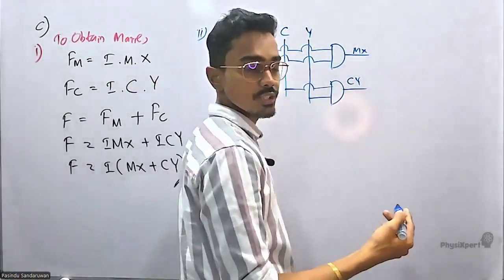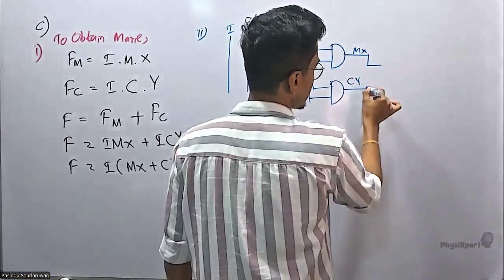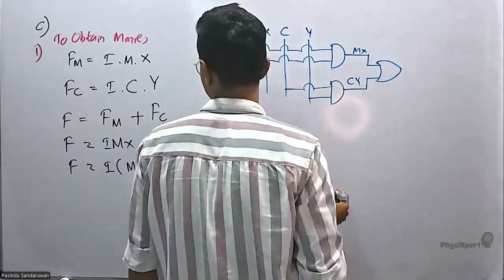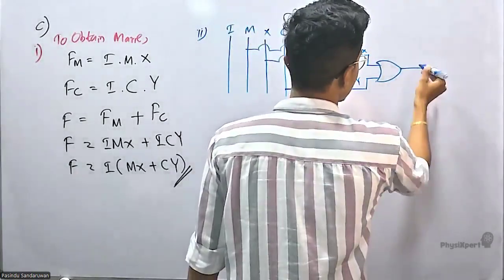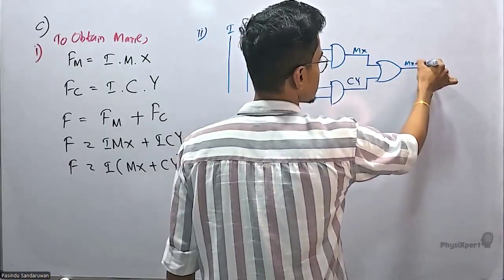For the addition, you can connect an OR gate. Take these two wires and connect an OR gate here. After this OR gate, the addition of these two comes. This is MX plus CY.